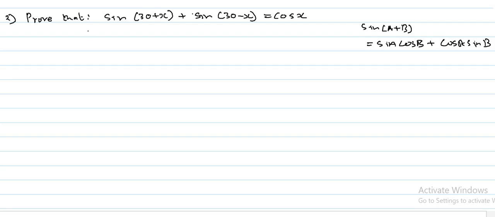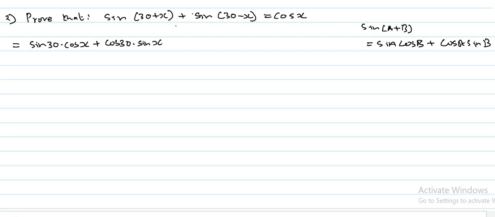This is the same as the sine of 30 multiplied by the cos of x plus the cos of 30 multiplied by the sine of x.